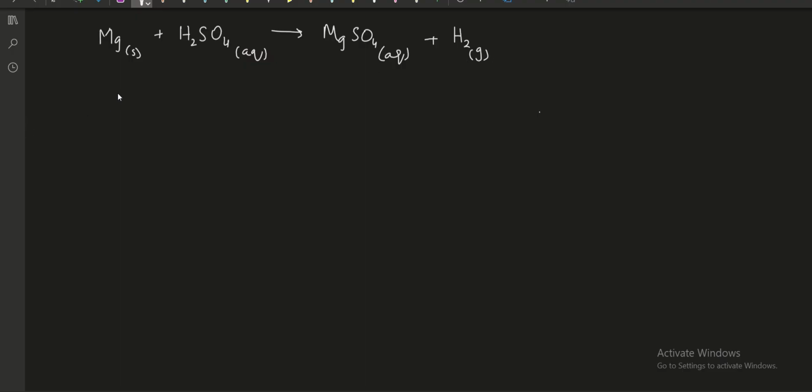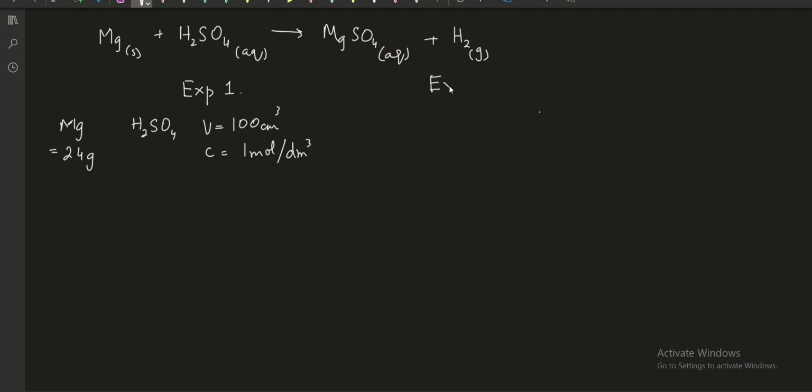Okay, since we are performing 2 experiments, in experiment 1 what is the amount of magnesium given? It is 24 gram. And for sulfuric acid the volume is 100 centimeter cube and concentration is 1 mole per decimeter cube.